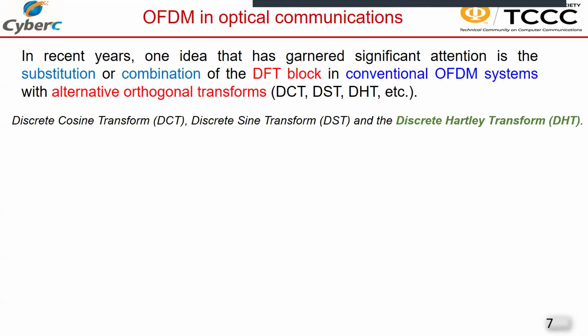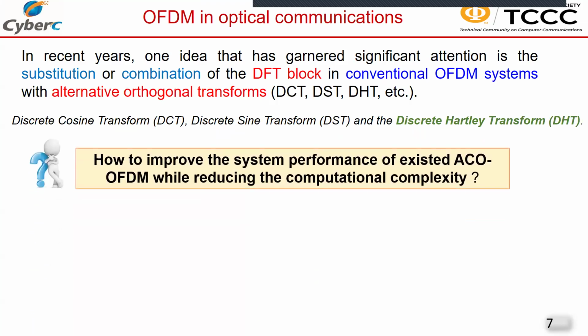In recent years, one method that has garnered significant attention is the substitution of the DFT block, discrete Fourier transform, in conventional OFDM systems with alternative orthogonal transforms, including the discrete cosine or sine transform, the Walsh-Hadamard or the wavelet packet transform, and also the discrete Hartley transform.